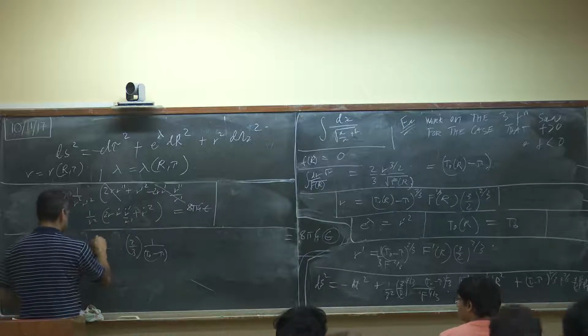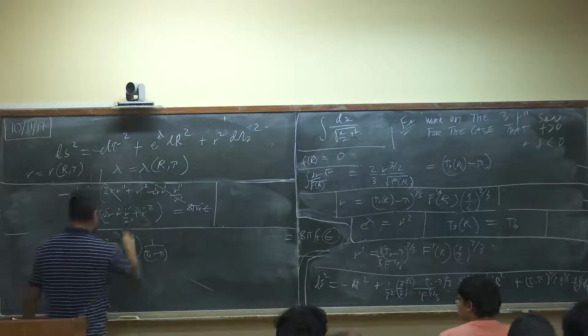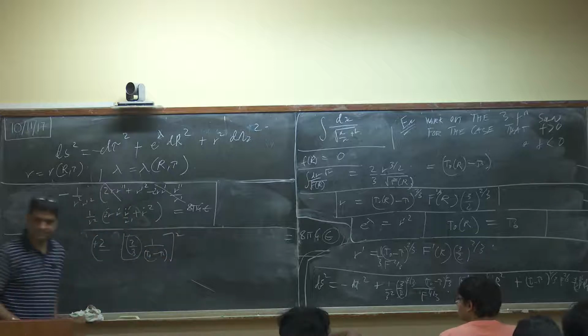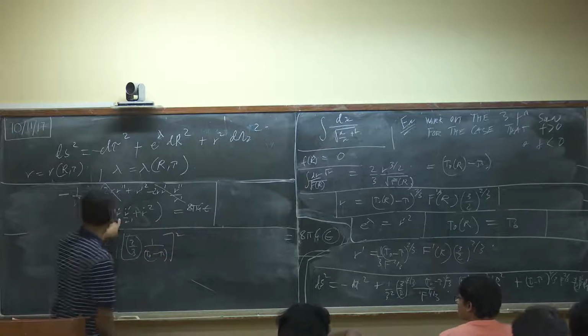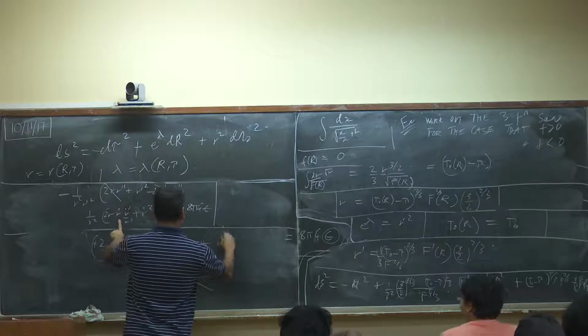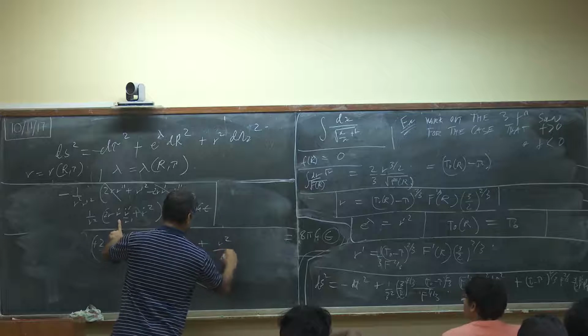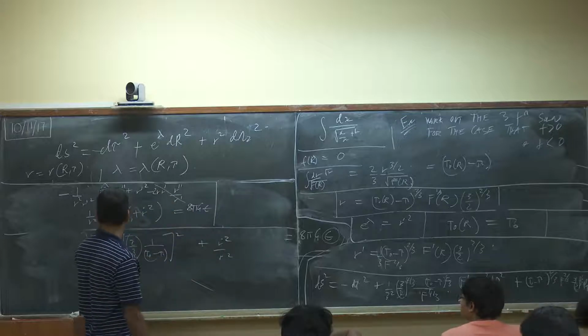And so this becomes plus 2 the whole thing squared. Okay, that was this term. But then we also had plus R dot squared divided by R squared. That's exactly the same thing.